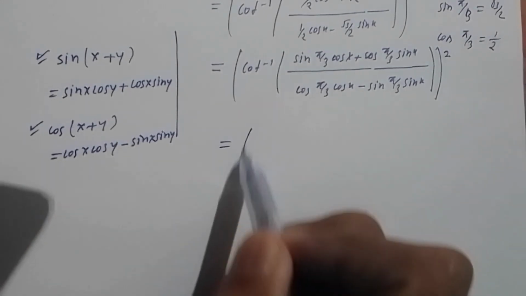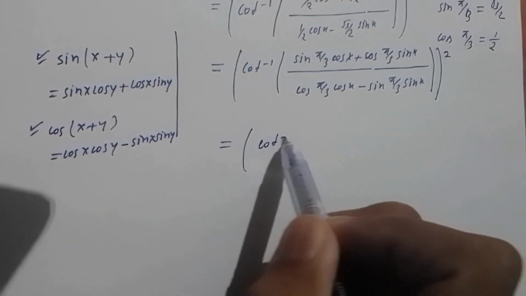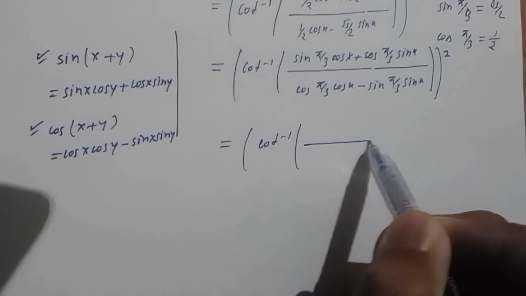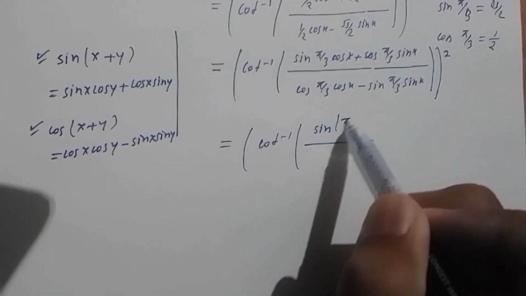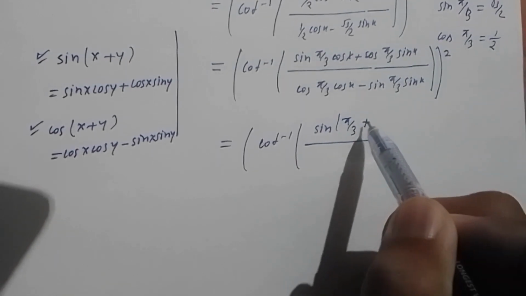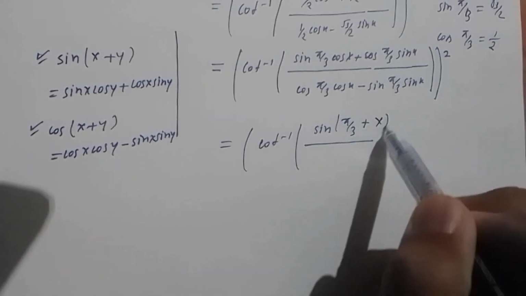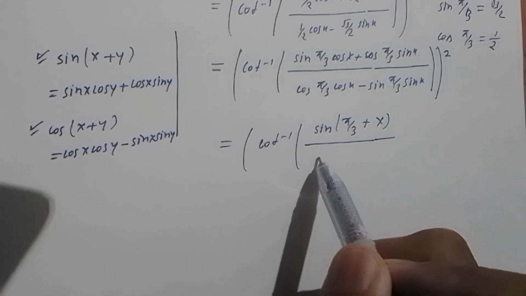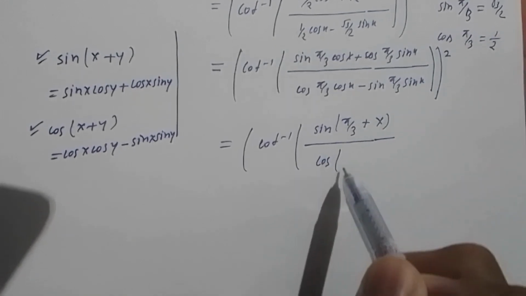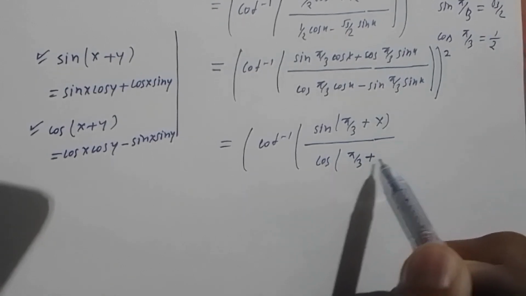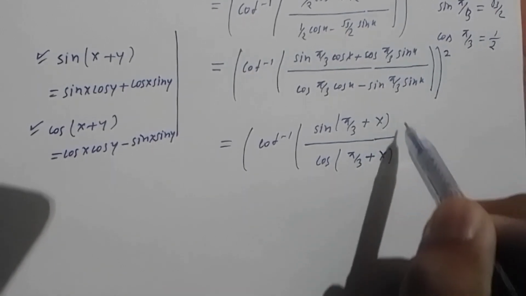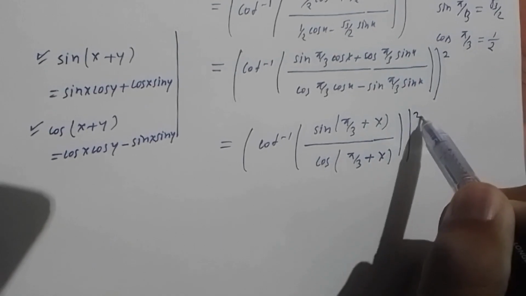So replacing the terms, we have cot inverse of (sin(pi by 3 plus x) divided by cos(pi by 3 plus x)) whole square.